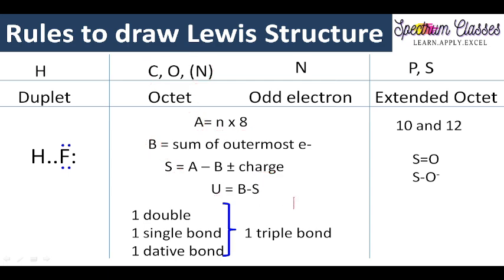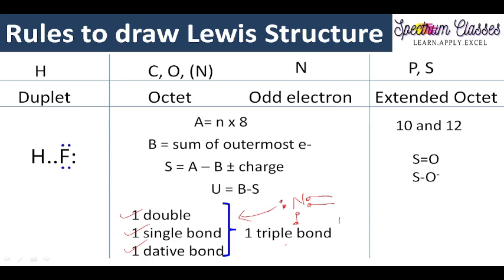Now the important highlight is this one for nitrogen. Since nitrogen is having 5 electrons, an odd number of electrons, most of the time it is forming one double bond, one dative bond, here you can see the arrow, and one single bond. So here I have written one double bond, one single bond, one dative bond. Dative bond means this nitrogen is giving these two electrons for the bond formation.